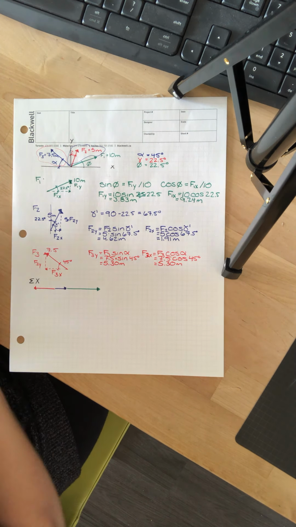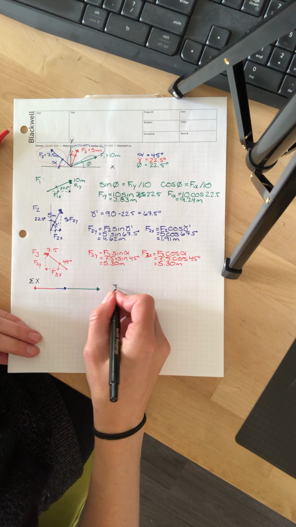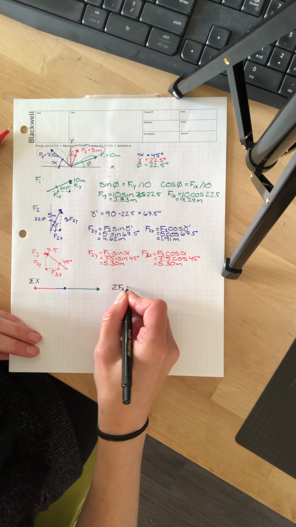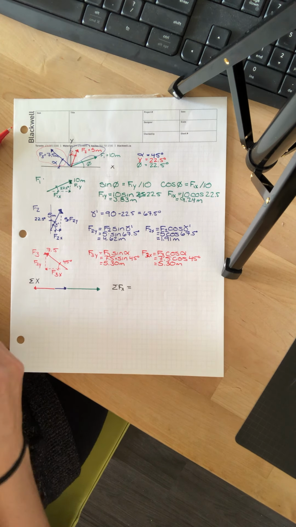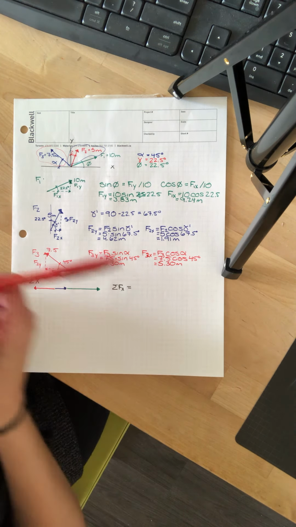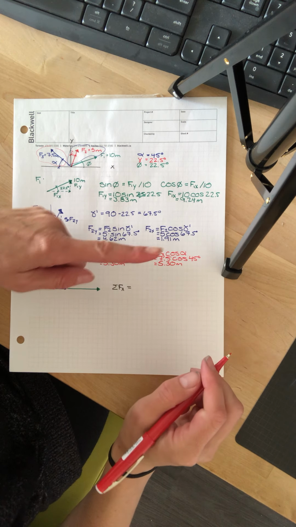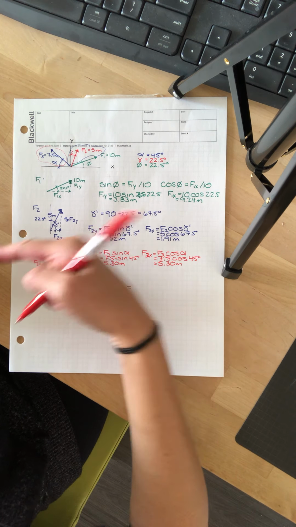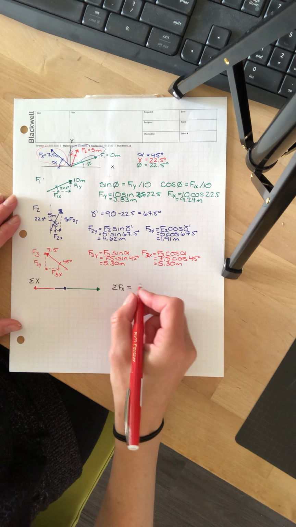The way we handle that is we say the sum of the forces in the x, where this little symbol means sum. Everything going in this direction is positive, and everything going in that direction is negative.